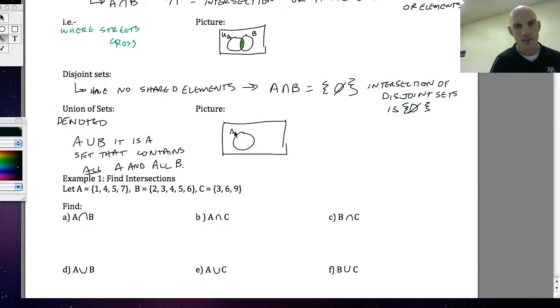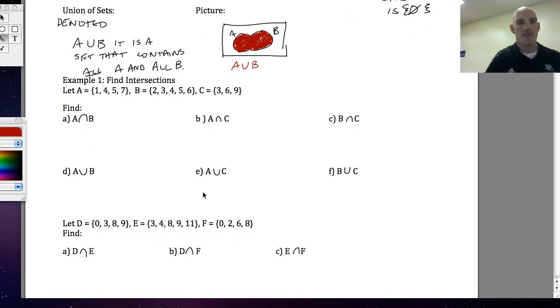Still talking about two sets, A and B, except the union is going to look like this. It's everything in A, everything in B, all put together. It's all of it, all together. Not just the intersected part, but everything else.